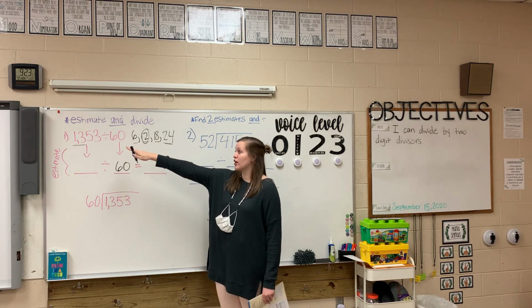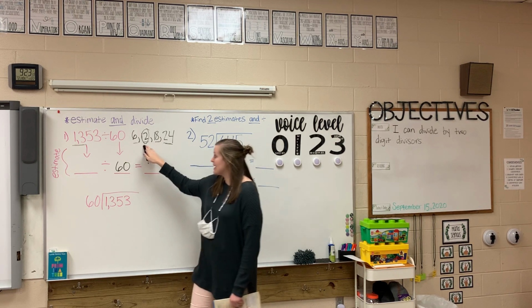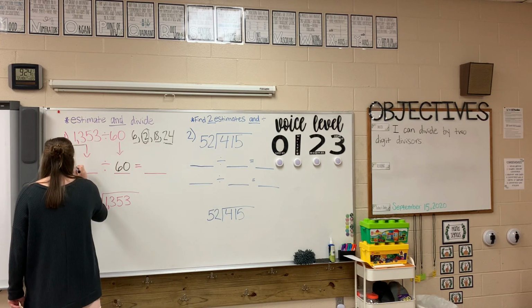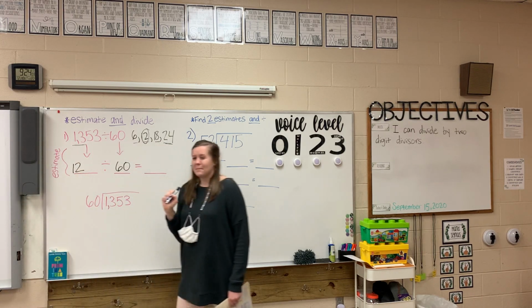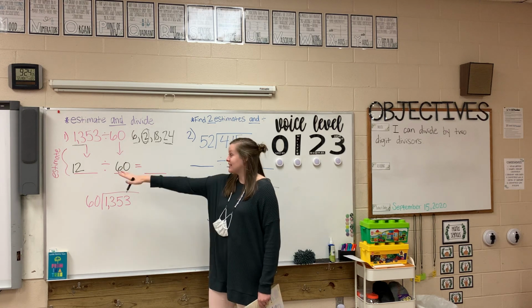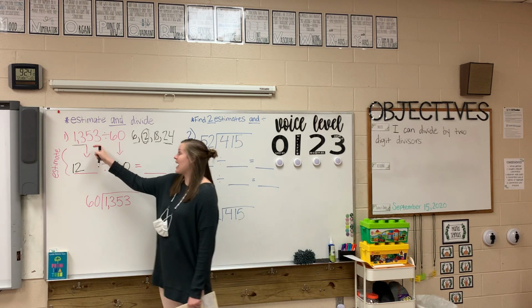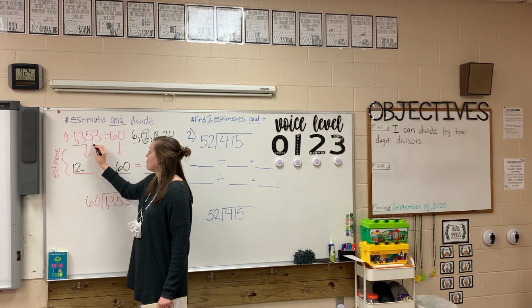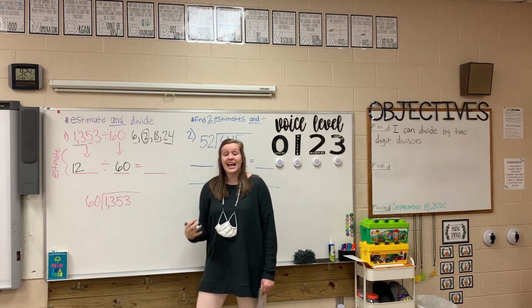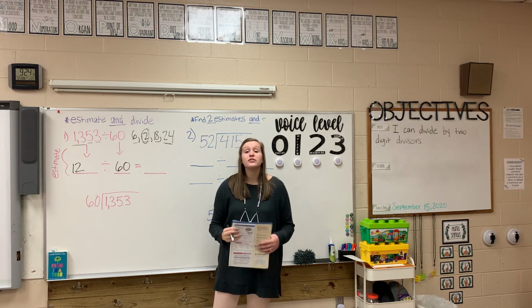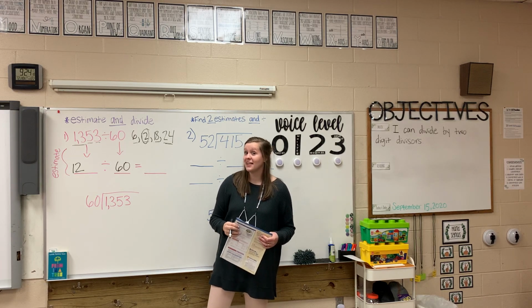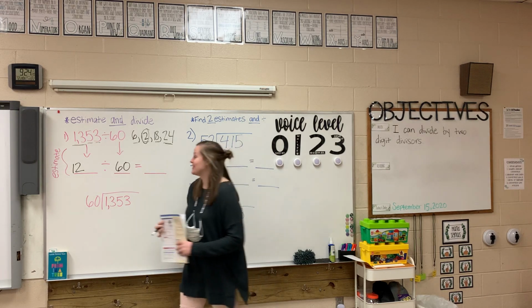So I'm going to turn my 13 into a 12. But can I just stop there and just say 12 divided by 60? No, because I have 2 more digits, my 5 and my 3, that I can't just forget about, right? Those digits become zeros. Awesome job.